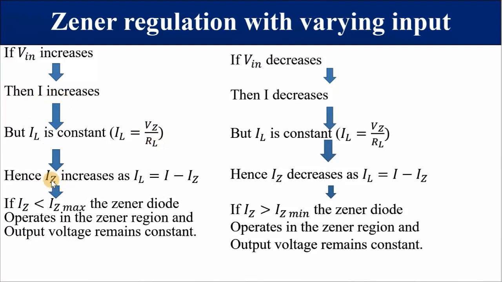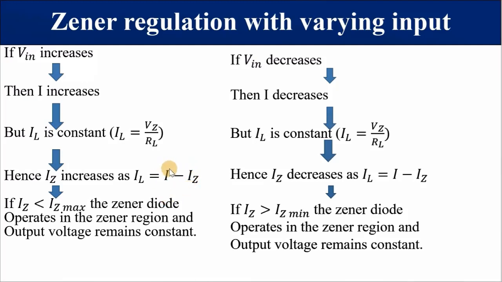It means that it is the current through the Zener diode that is going to absorb the increase in I. So we are saying IZ increases, as IZ is equal to I, which is our supply current, minus IL, the load current. So we are saying this is constant, but this has increased.